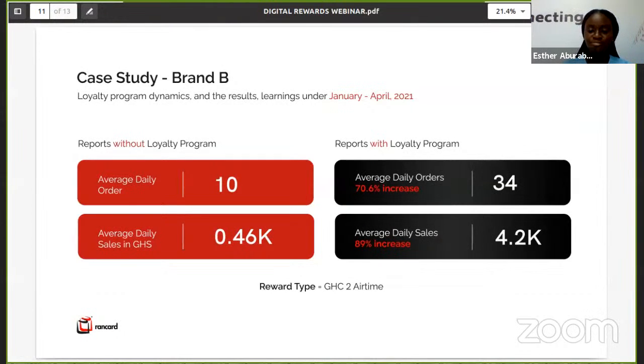It will drive them to come back again and again to your store. Even if for that particular day you're not running a loyalty program, the one you ran earlier has added up to your loyal customers or your customer base. Thank you. Please let's move to the next.